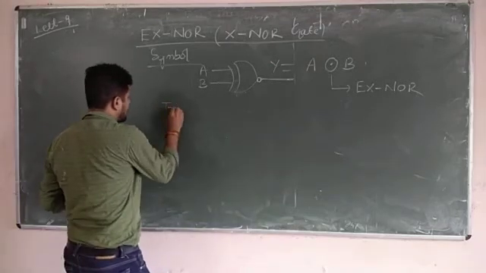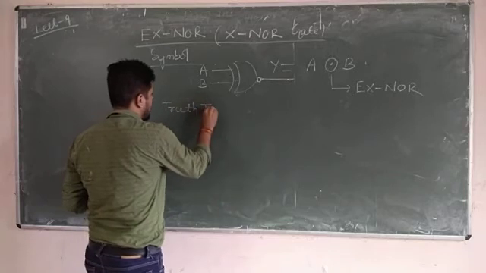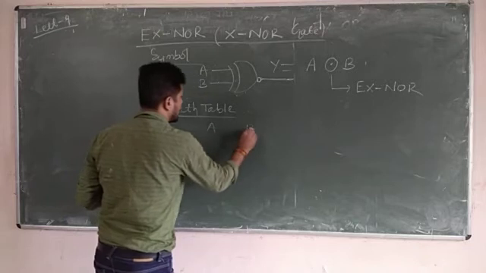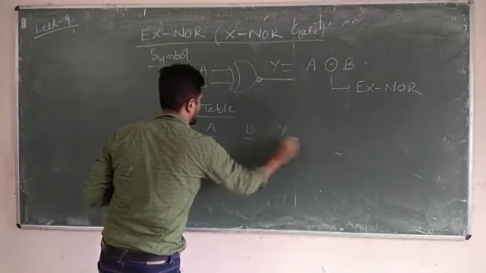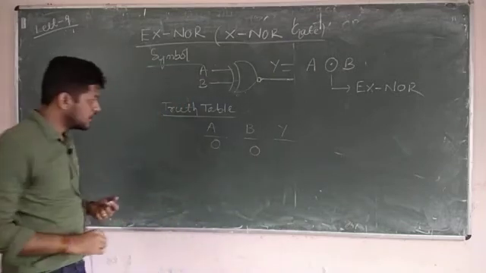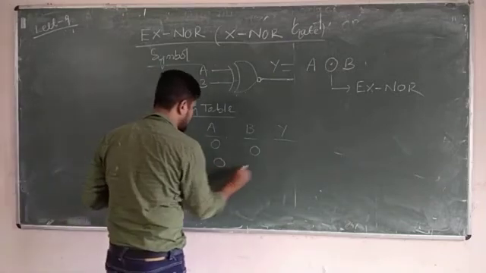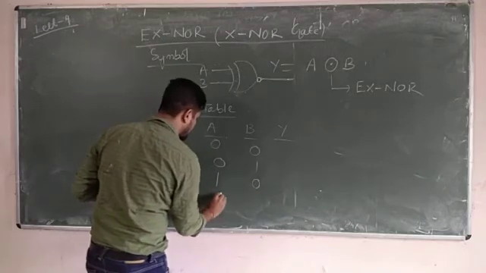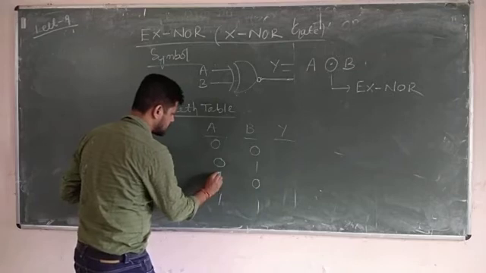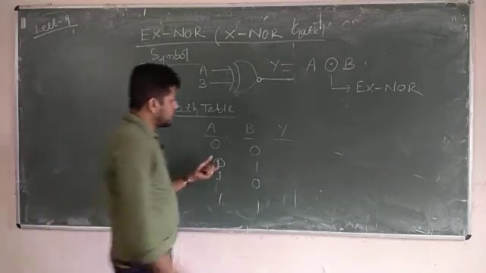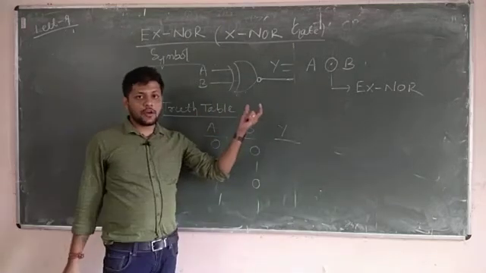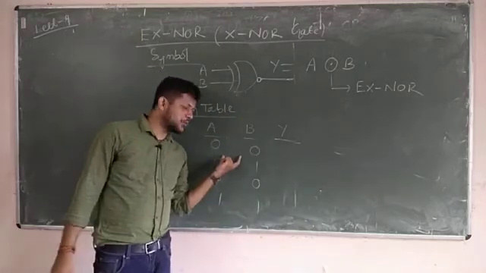Then the truth table for this exclusive NOR gate. Obviously we are applying two inputs, hence we have four input combinations: 0 0, 0 1, 1 0 and 1 1. The output for this exclusive NOR gate will be 1 only when both the inputs are same.